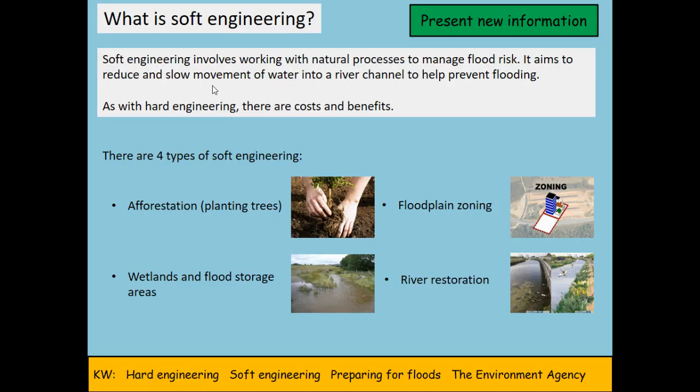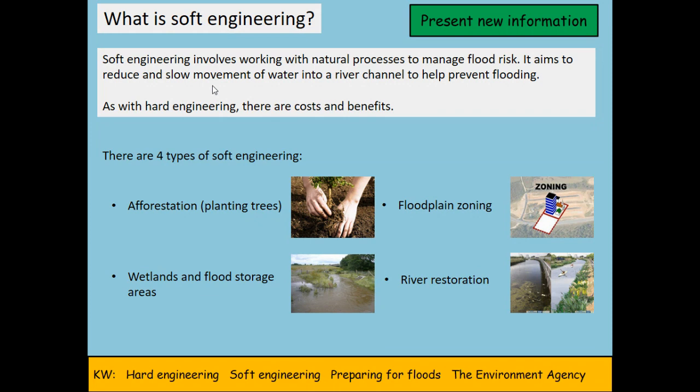So soft engineering is exactly the same as with coasts. It involves using natural processes, so you are not building a structure per se, like a physical structure. We've got four types of soft engineering.